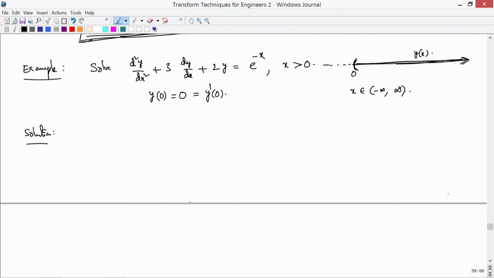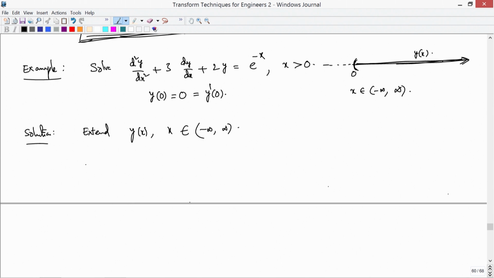So, I extend this y of x from 0 to infinity to minus infinity to infinity. How do I do this? As though y, if you restrict to 0 to infinity, it is this solution, otherwise it is as though it is extended from minus infinity to infinity.